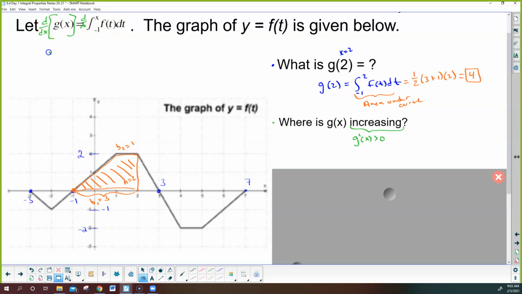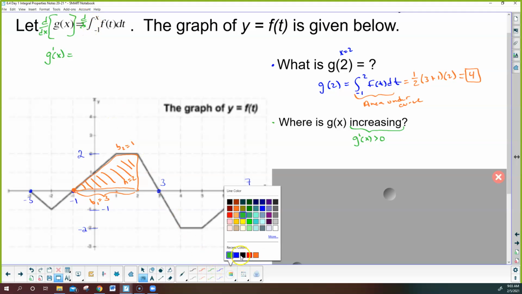And when I do that, we end up with g prime. And then we know that the derivative and the integral reduce each other out. Some people like to physically cross them out and say, okay, dx and the integral go away.